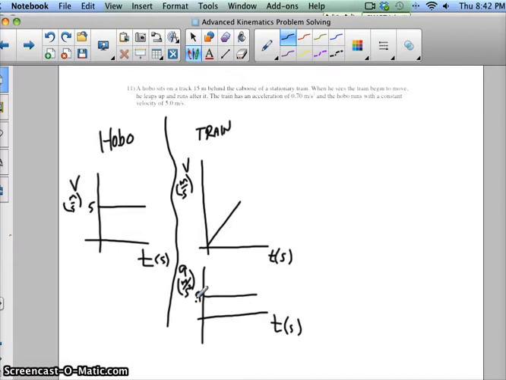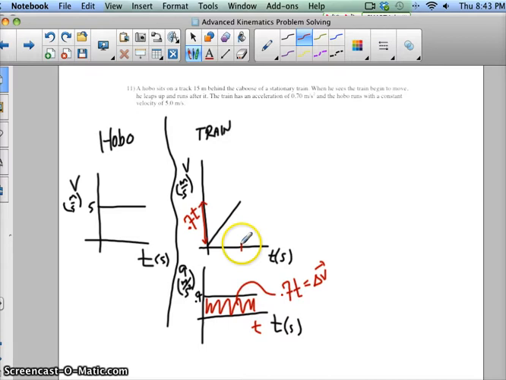And what else do we know? Well, that means this area here, this rectangle, in time t, the change in velocity for the train is going to be 0.7t. That's our change in velocity, right? Which means the height of this triangle is going to be 0.7t.